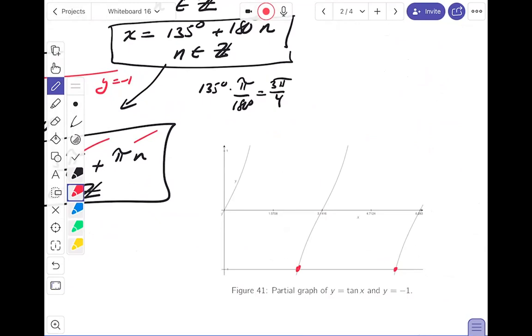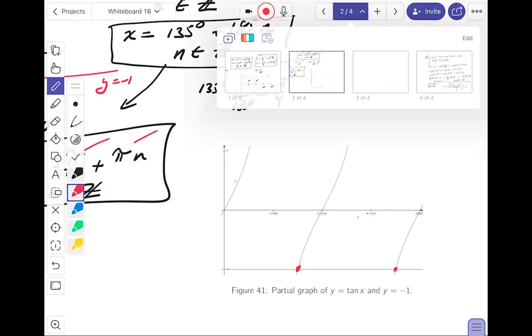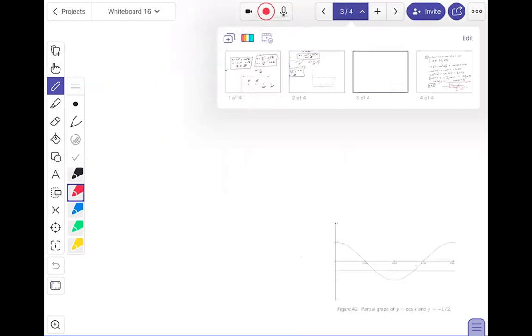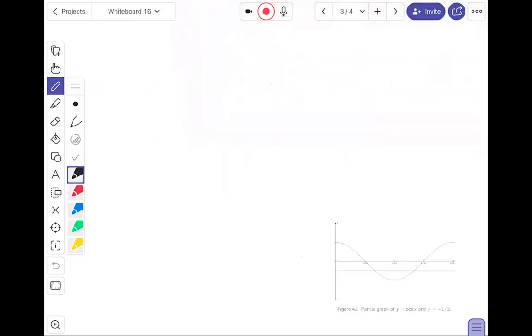Let's go to the next one, which would be problem number 7. So I'm going to do number 7, and I'll write it down for you. What's number 7? It's secant x plus 2 equals 0. Boy, this is deja vu, isn't it?